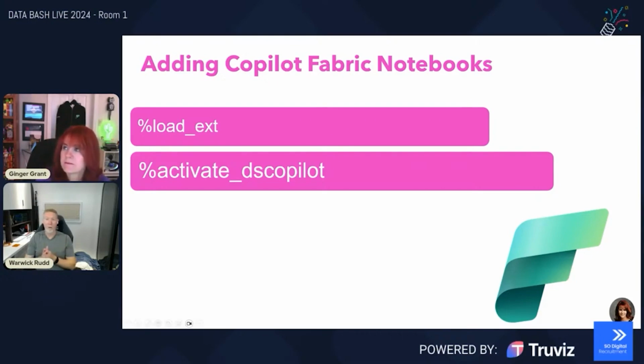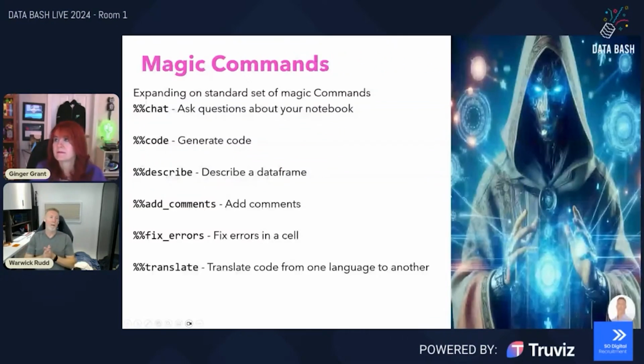And so some of the magic commands that we'll want to know about, learn and use include chat. So what does it do? It means, hey, ask a question about our notebook code. Pretty simple. Generate means, hey, can we go and generate some code for us? Describe, tell me what's going on inside of that data frame.